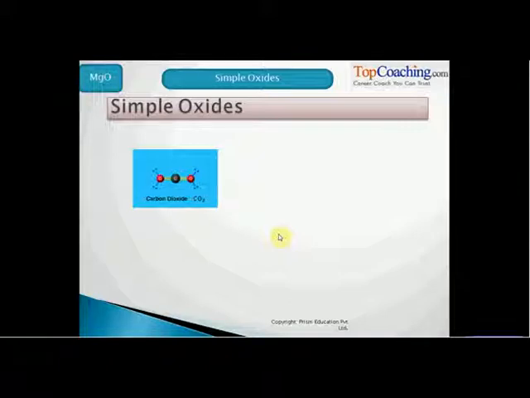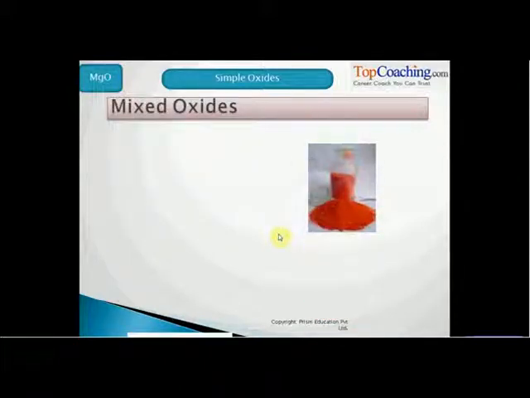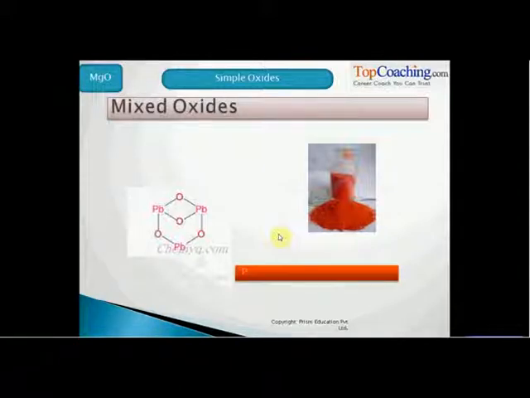So before I give you an example of a mixed oxide, and then we will discover the differences. A mixed oxide is, for example, Pb2O3, right? Or Pb3O4. Now these mixed oxides look like they are formed of two oxides, right?